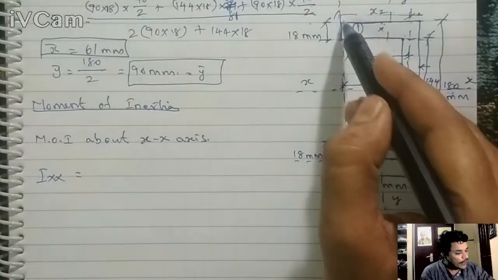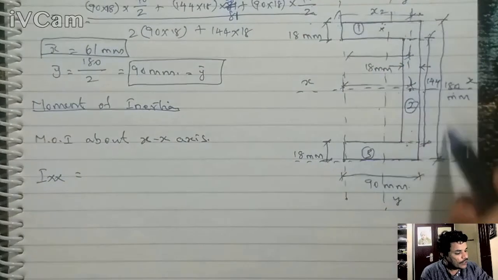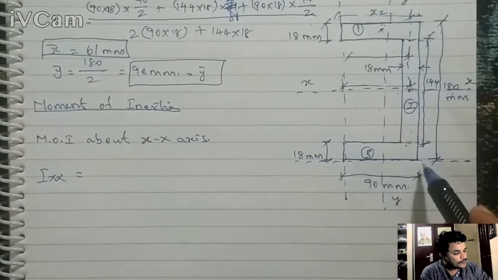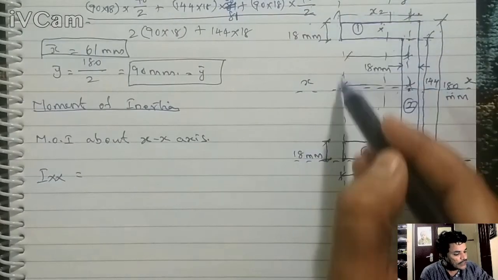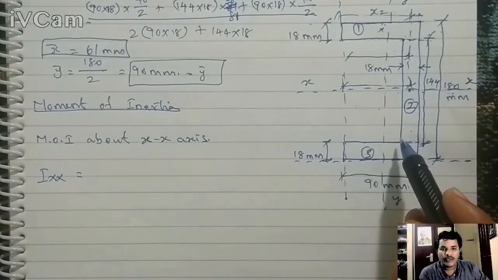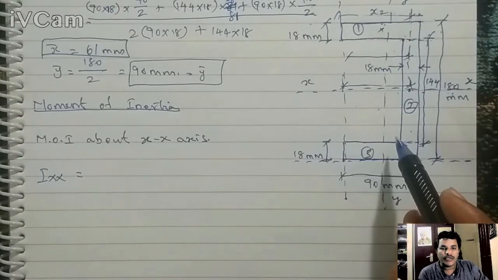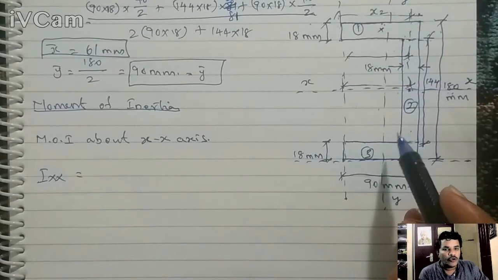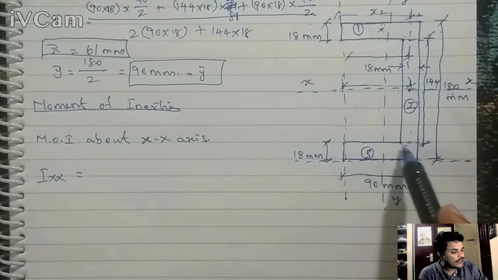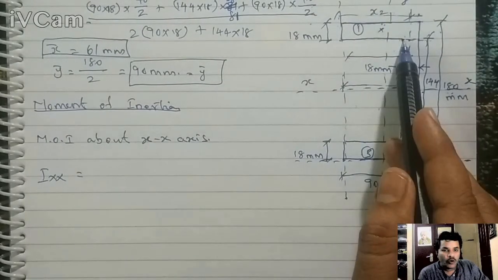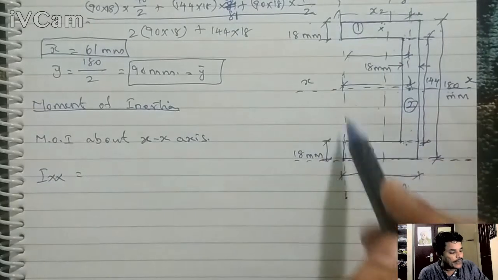I am considering 180 mm by 90 mm as a big rectangle, and 72 by 144 as another small rectangle. So I have two rectangles. I am going to subtract the small rectangle, 72 mm by 144 mm, from the big rectangle, 180 by 90 mm.